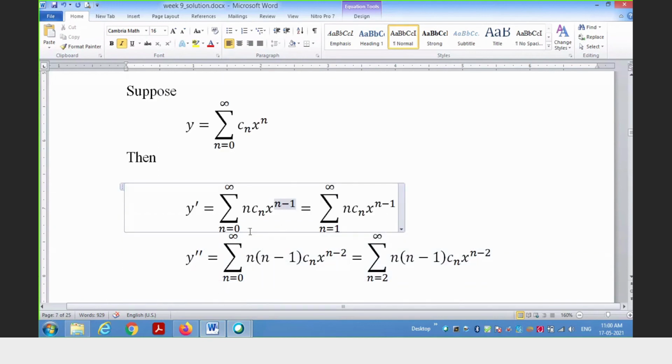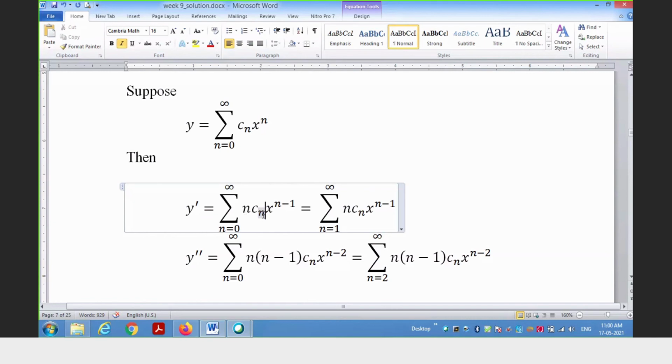But when n is equal to 0, this term will be 0. When n equals 1, this will be C1 x^(n-1), so it will be C1.